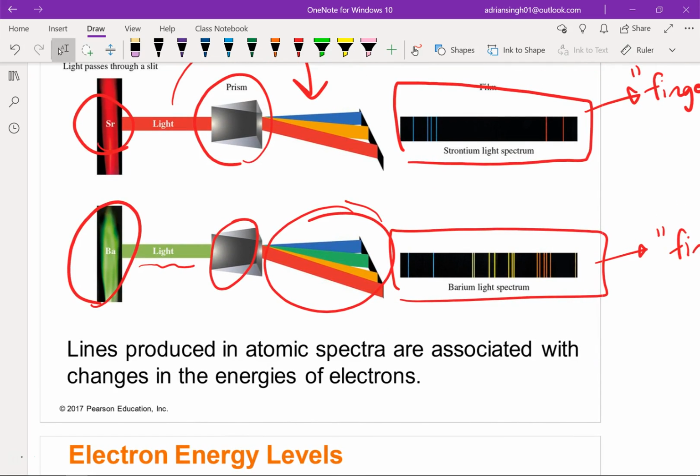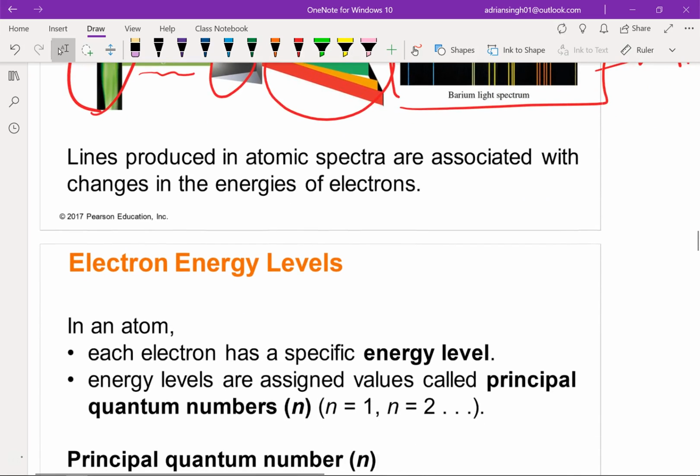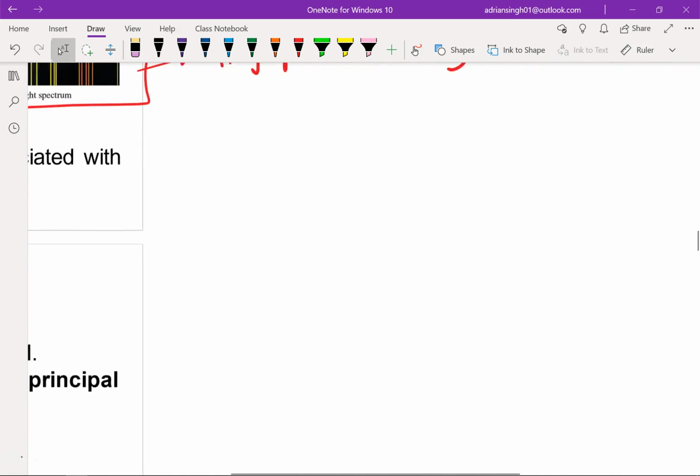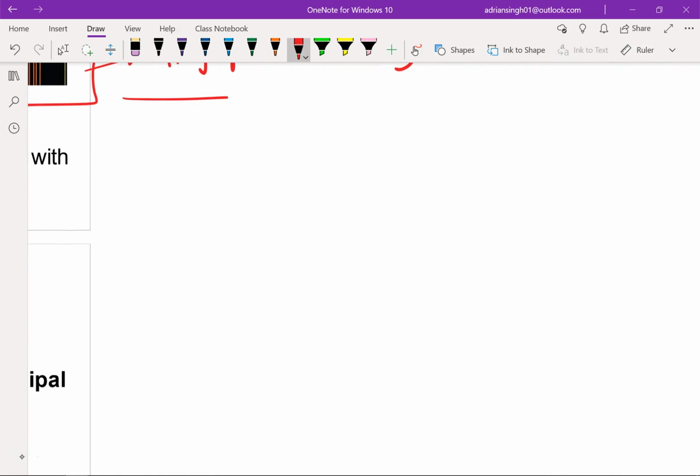So these spectra actually do look like lines. That's the light that's coming off of those elements that have been heated. So what's the basis for that observation? Well, we can go back to the model of the atom that we saw previously.